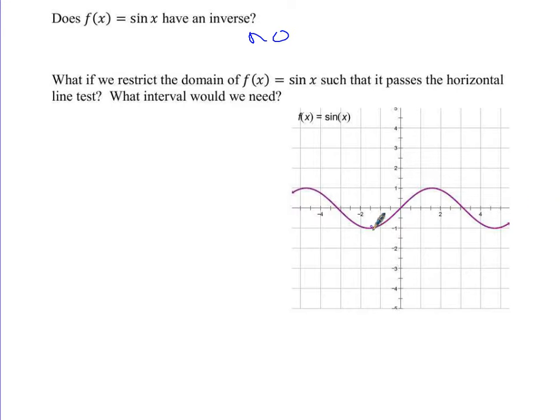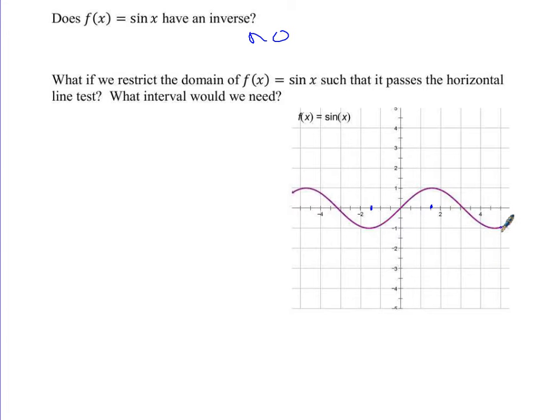We have to be always increasing or always decreasing. So in this case, for sine, if I start at 0 and I go to pi, I increased and then I decreased, so that does not work. If I start at a peak and I go all the way down to the valley here, then I decrease the entire time. And therefore, I would have an inverse.